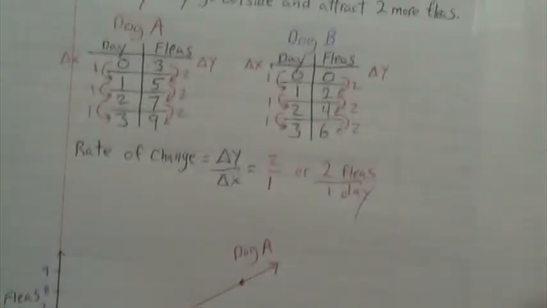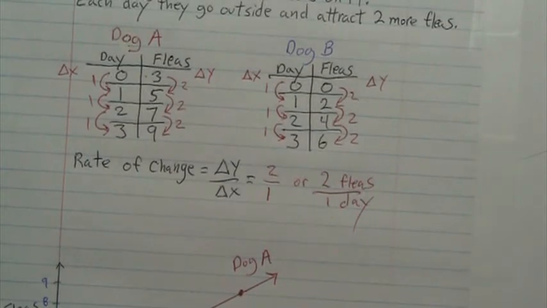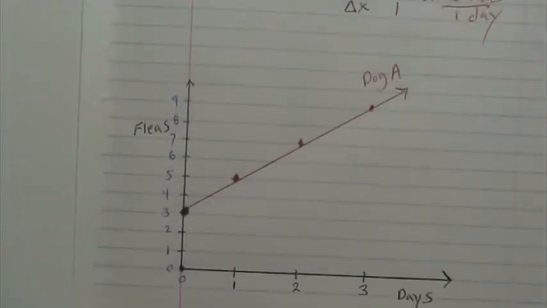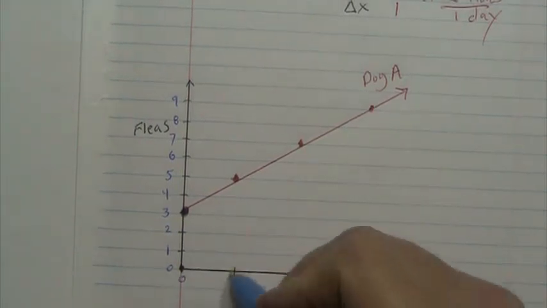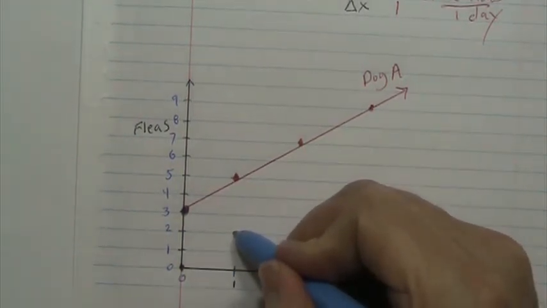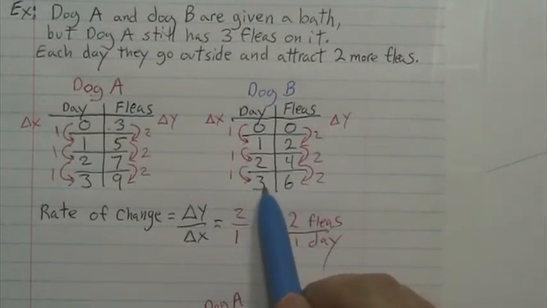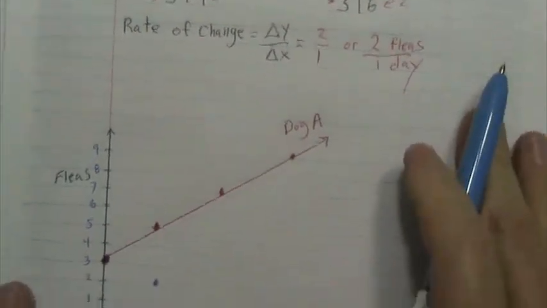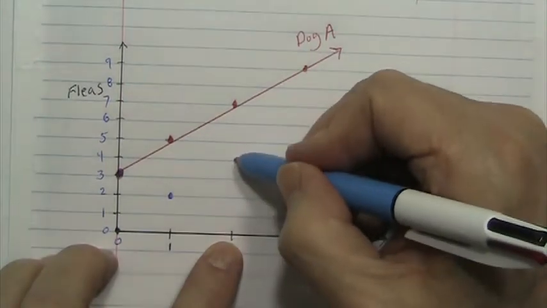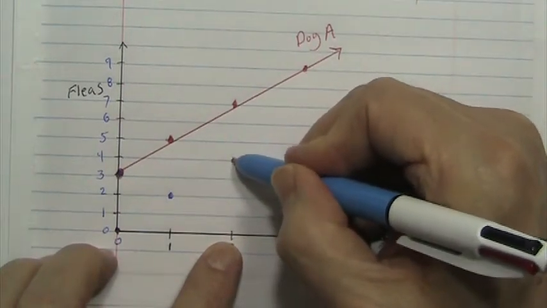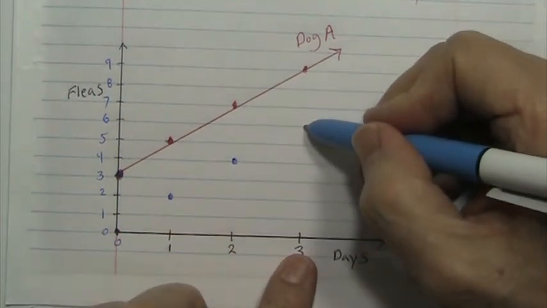Dog B starts off at 0, 0, then 1, 2. So 0, 0, it's right here. 1, 2, I go over 1, up 2, right there. Next one, 2, 4, and then 3, 6. So over 2 and up 4, and 3, 6. Over 3, up 6.